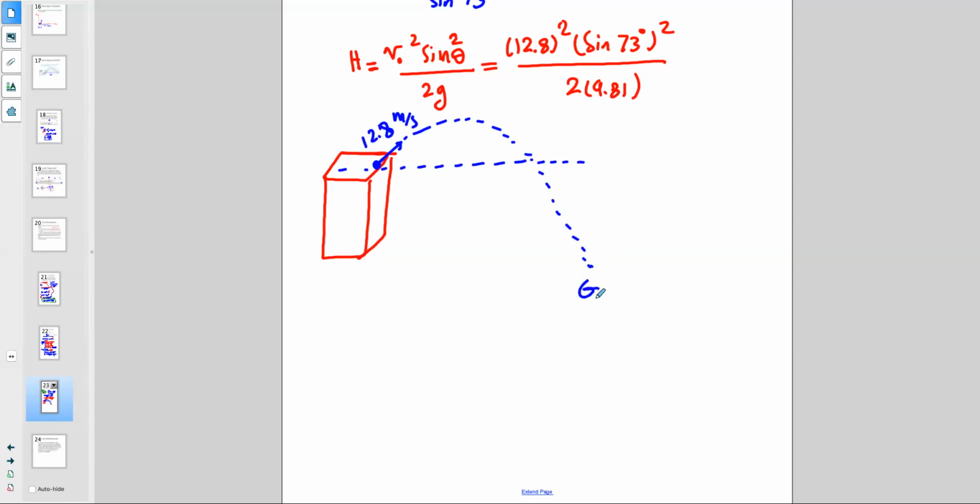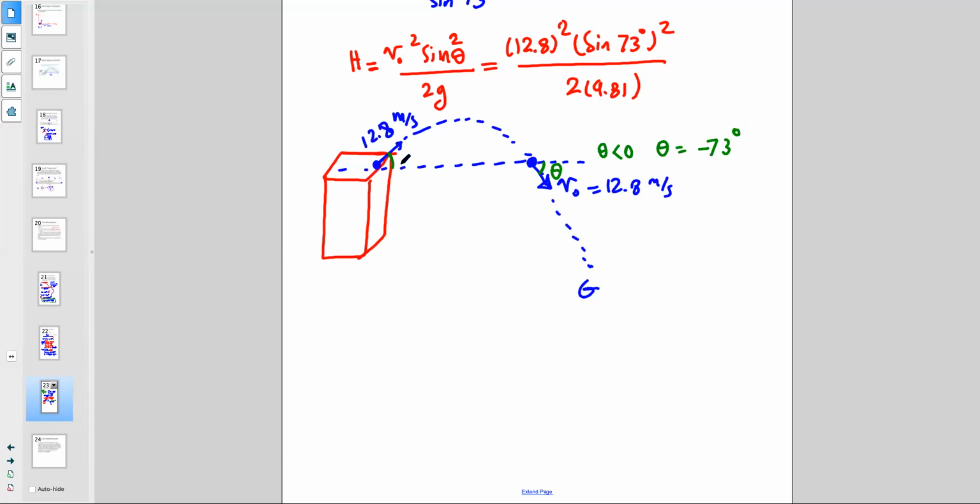Now we're looking for this point in the range, which has the same velocity of 12.8 meters per second, but this time below, so theta at this point is negative, theta of negative 73 degrees.